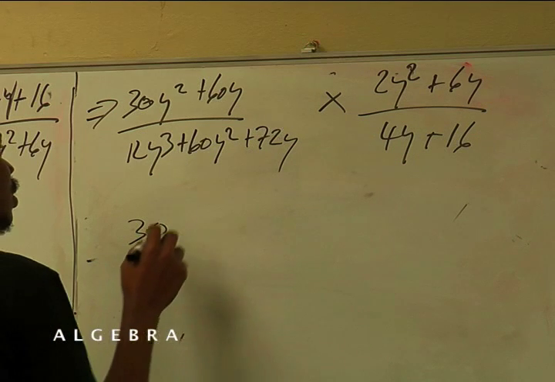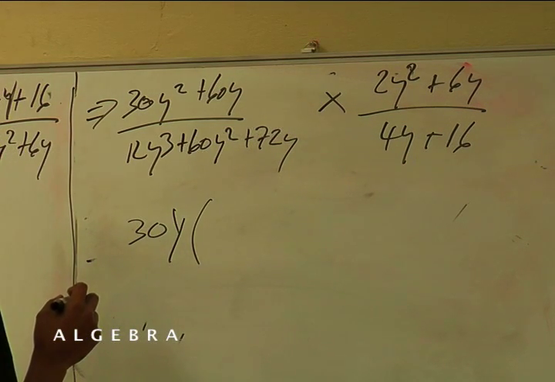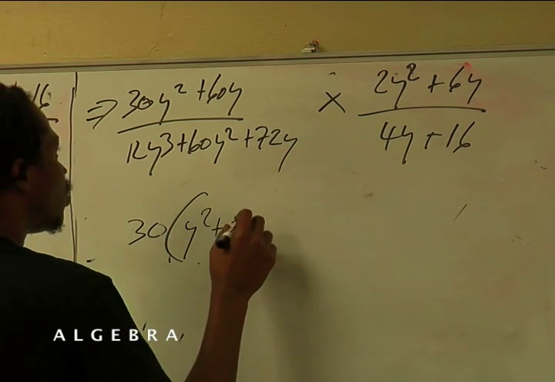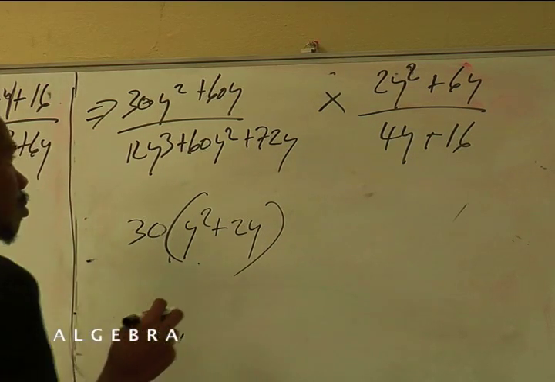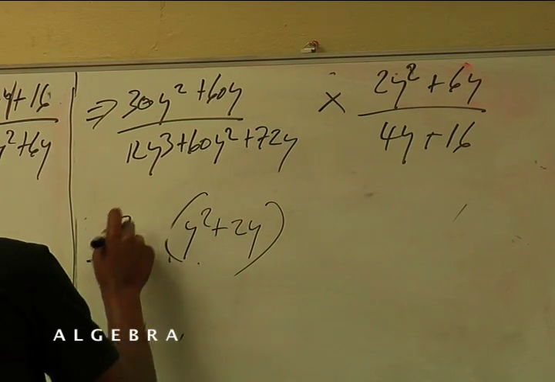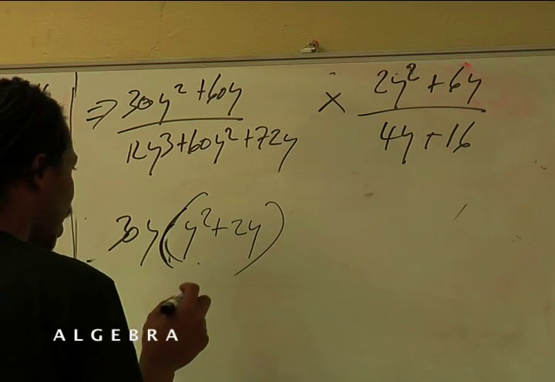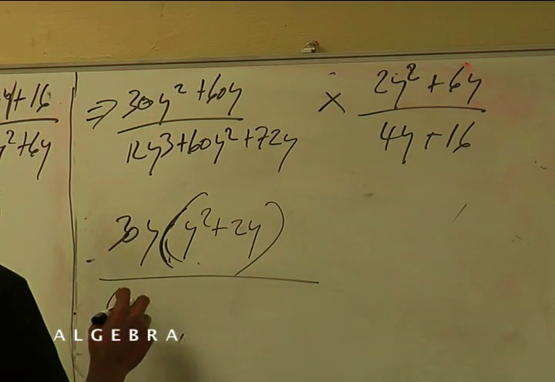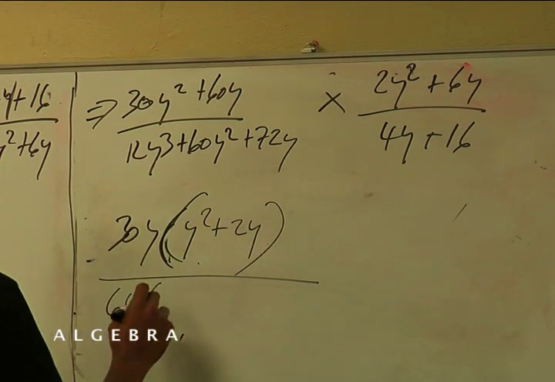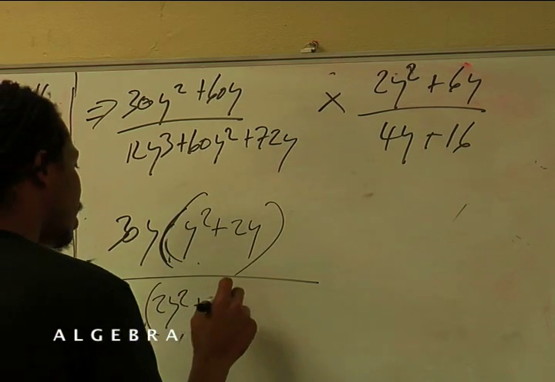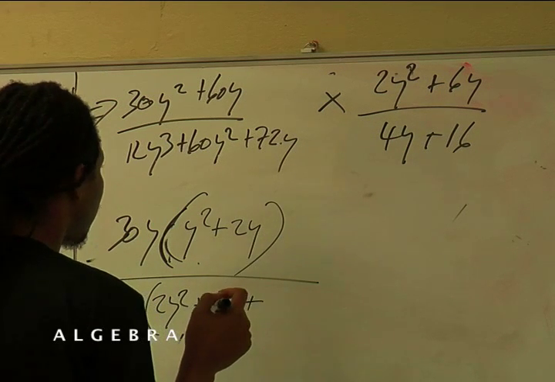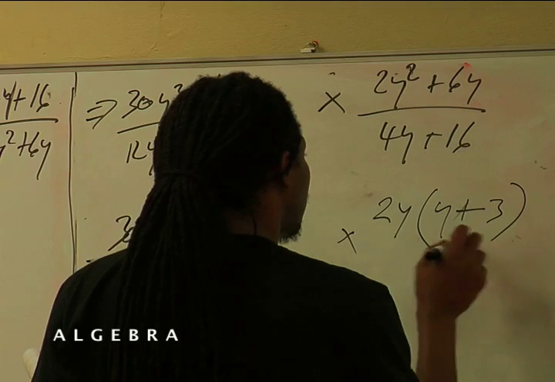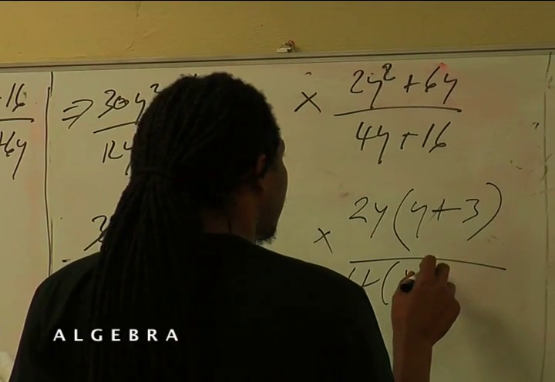Factorize 30y bracket. 30y squared plus 2y, oh no, we can use 30y. 30y bracket y squared plus 2y over, give me a number, we can go in all of these, 6y bracket 2y squared plus 10y plus 6 into 72. y plus 3 over 4 bracket y plus 4.